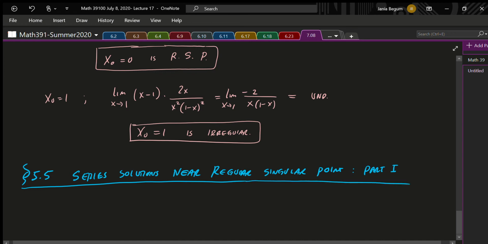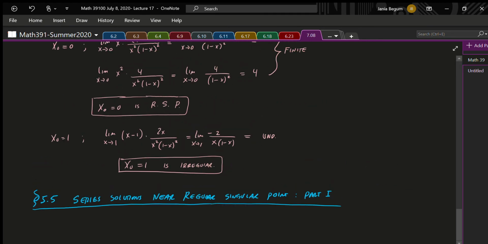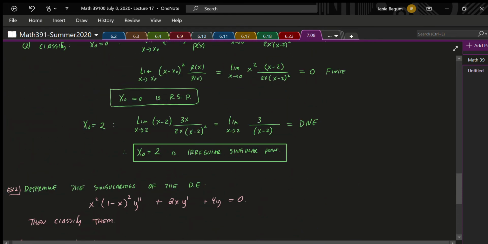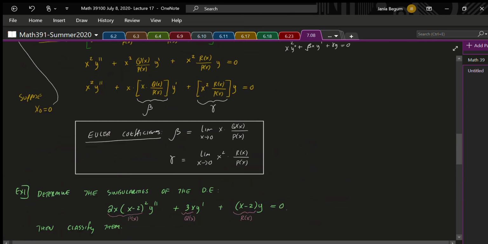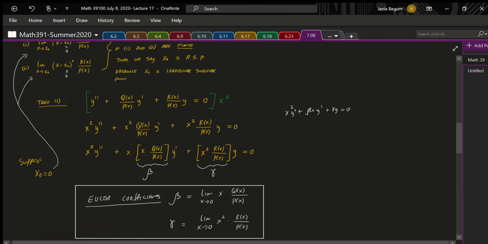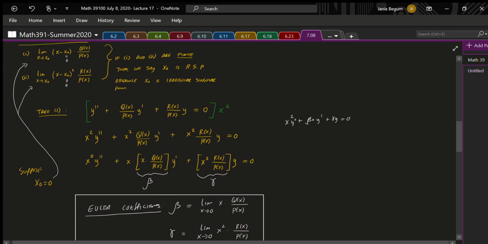Well, just like I said earlier, once we know we have a regular singular point, we know by two ways, right? We can write out the Euler coefficients, which are really these limits that we computed. We can show that x naught is a regular singular point by computing these corresponding limits.